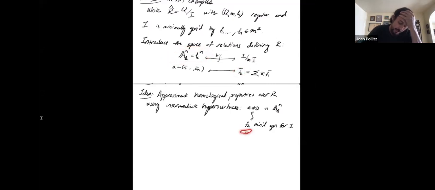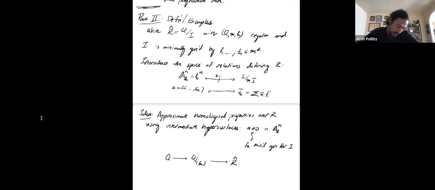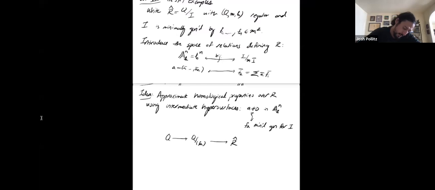And now I've picked some minimal generator. And what we want to do is, you have the usual surjection from Q to R hat from above in the setup, and we want to factor it through this intermediate hypersurface ring. And a comment here is this is a singular hypersurface ring.